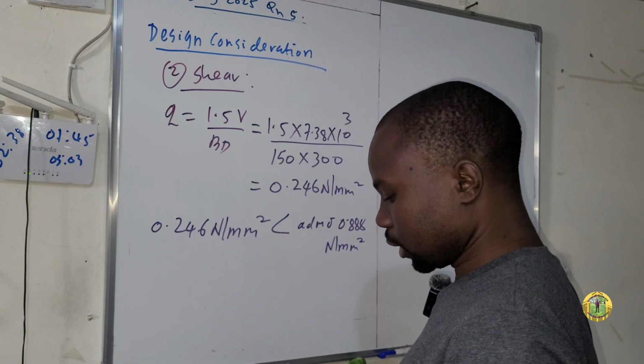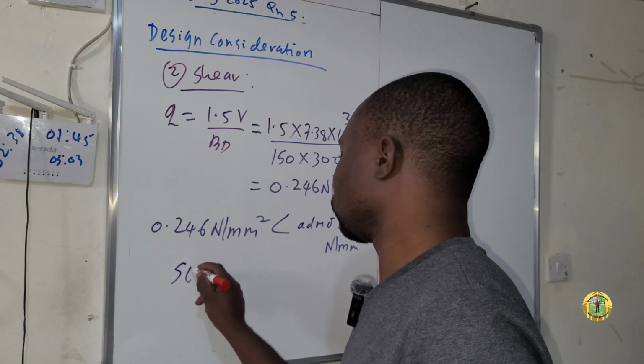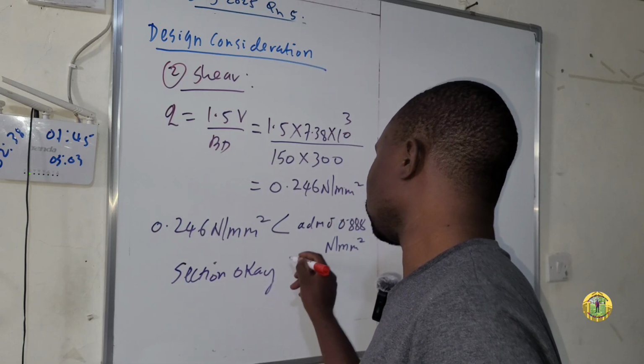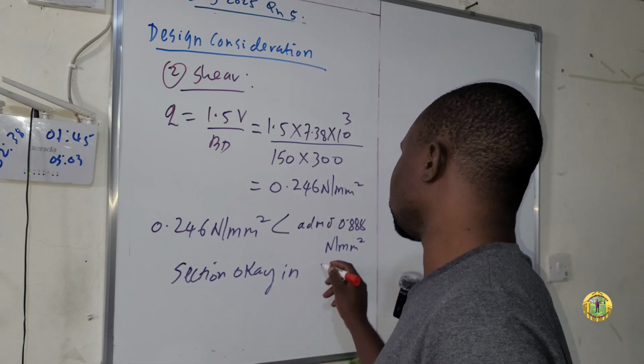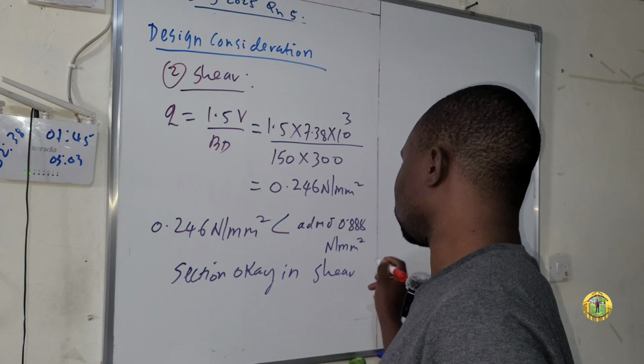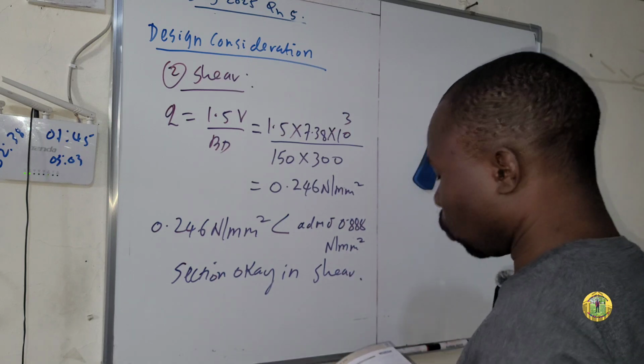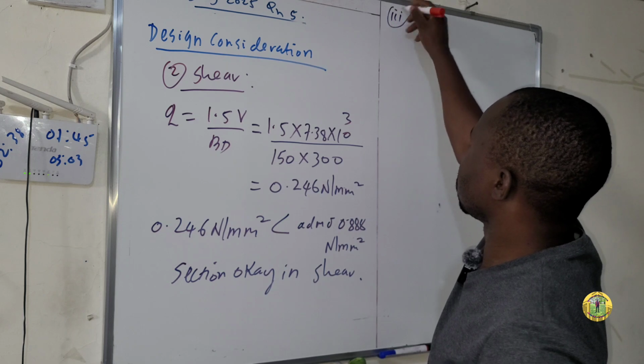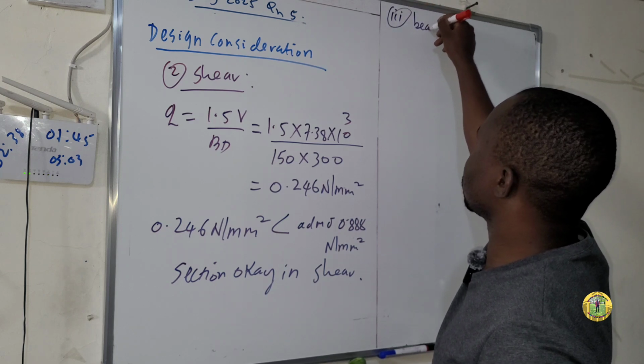So it therefore means section OK in shear. We proceed to bearing. Design consideration number 3 is bearing.